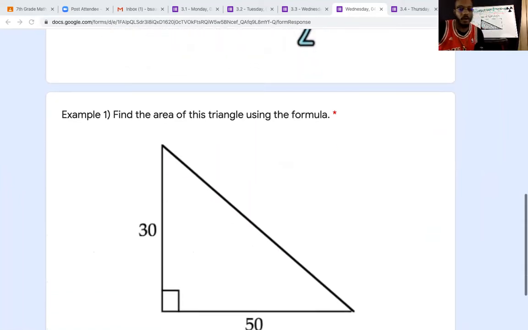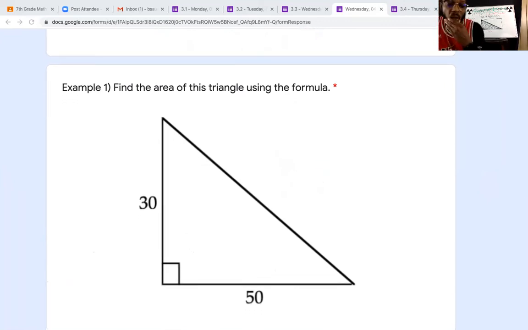Okay. Example 1. Let's look at it. Find the area of this triangle using the formula. We remember that the formula is area equals 1/2 times base times height, or base times height divided by 2. So here we have, let me erase all of this beautiful geometry that I did over here.